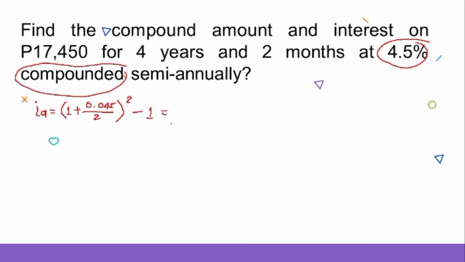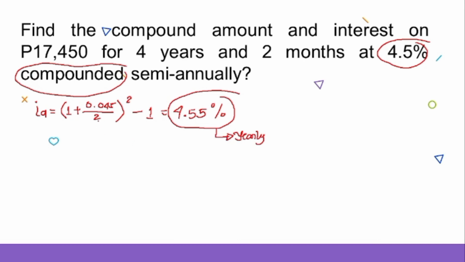So our effective interest rate is 4.55% or 0.0455. So this is the effective interest rate or effective annual interest. Ibig sabihin, ito yung yearly na interest natin.